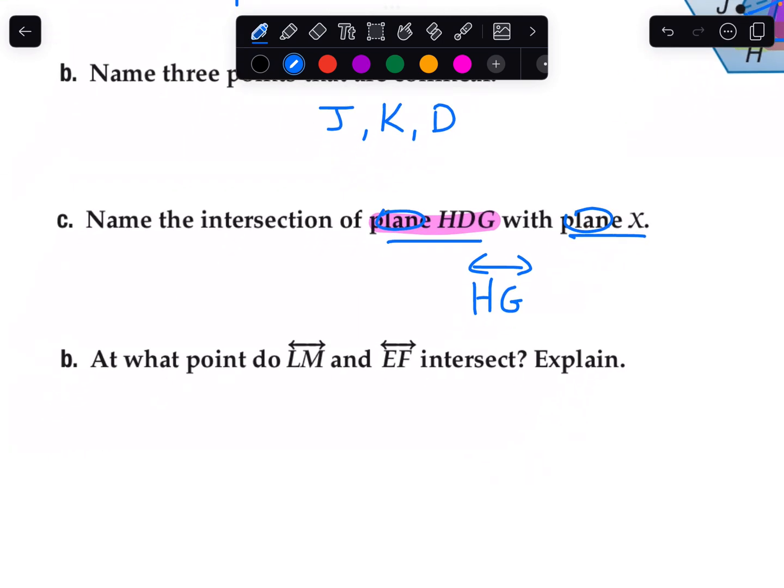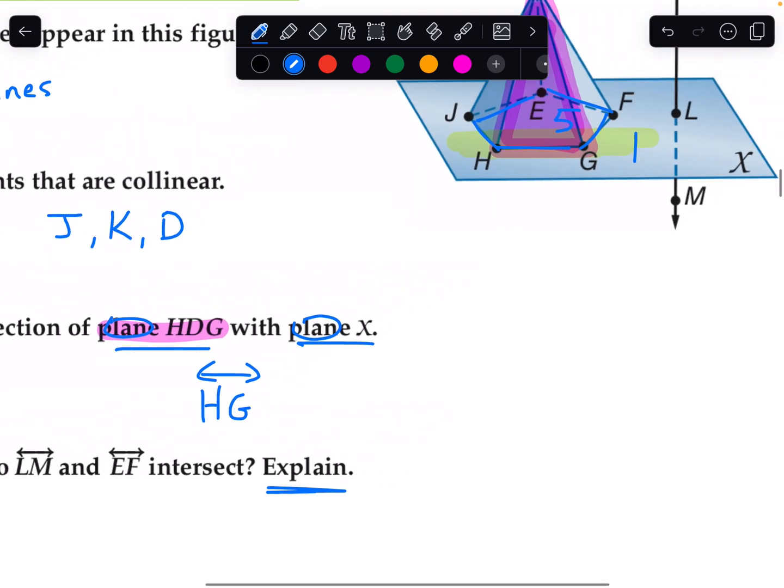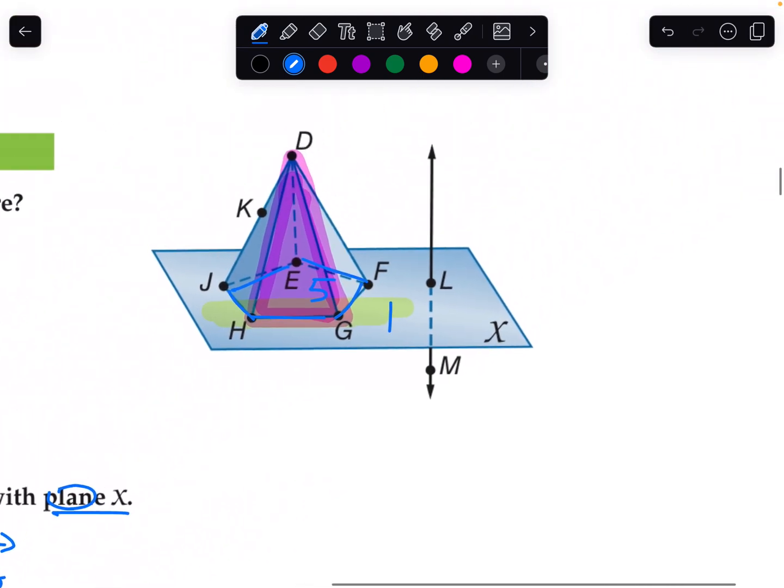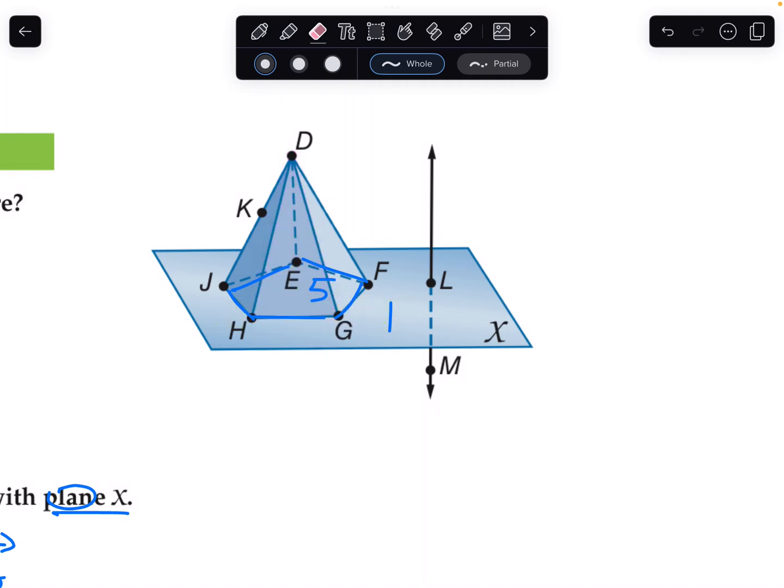And finally, at what point do line LM and line EF intersect? Explain. The fact that we have to explain the intersection of two lines is a bit of a hint. Let's take a look. Let me clean up my diagram a little bit.